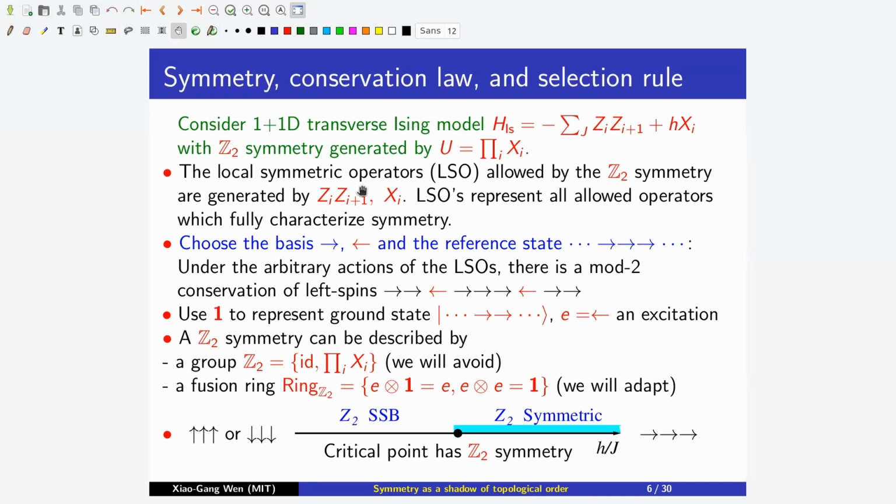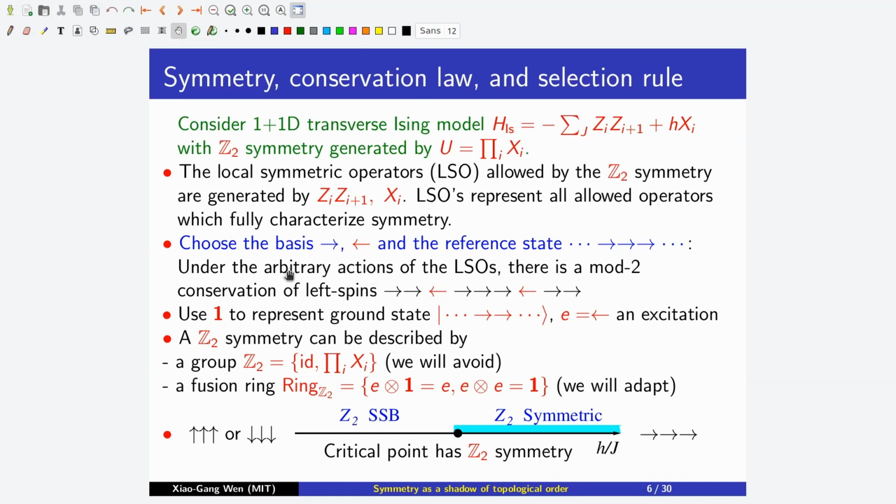In categorical language, these local symmetric operators are called morphisms, and this left spin is called an object. The morphism acts on the object. But let's not worry about that. We can describe this conservation using the more familiar fusion ring language. We use 1 to represent the ground state, meaning nothing or a trivial excitation, and E to describe the single left spin.